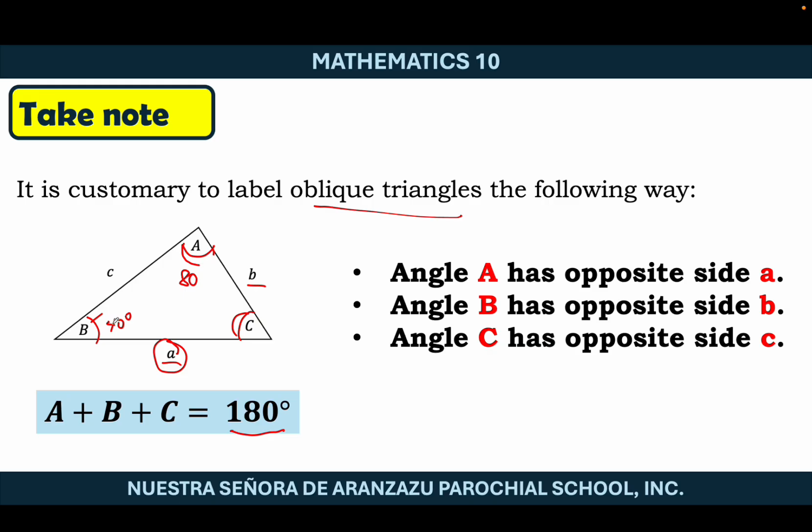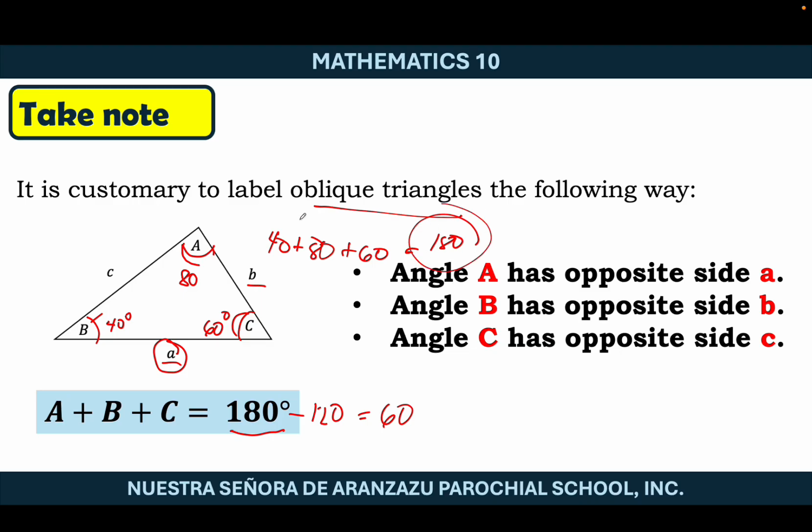If we add 80 and 40, that is 120. So, 180 minus 120 gives us 60. Therefore, the angle C measures 60 degrees. So when we add 40 plus 80 plus 60, the sum should be 180.